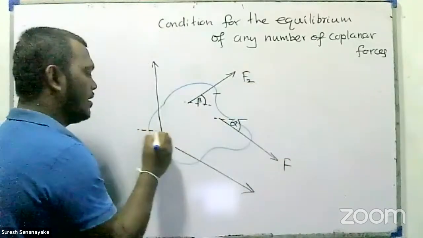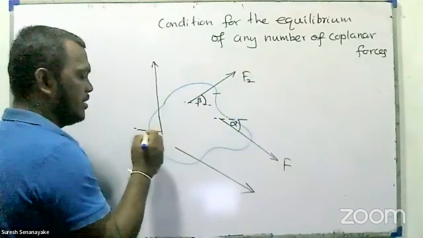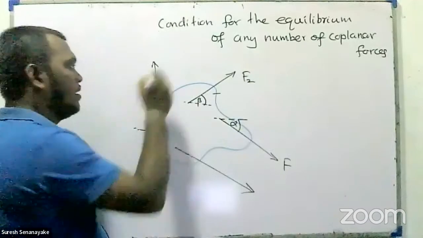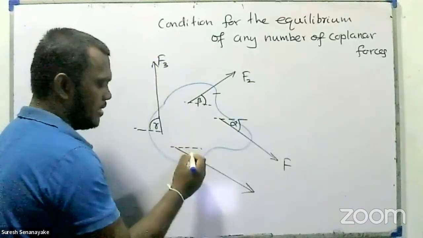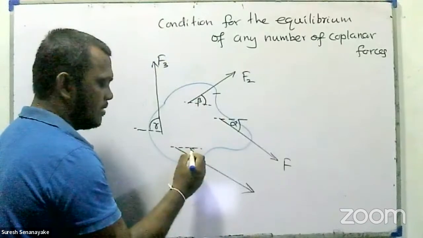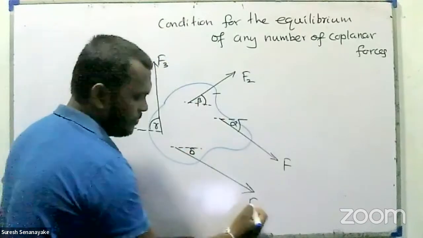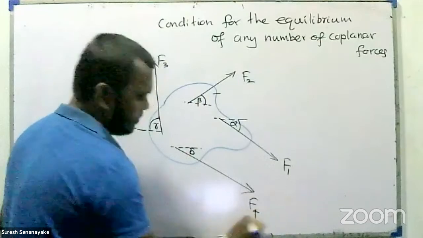Let's say this is a reaction. This is gamma. This is the angle delta. So this is the fourth force.